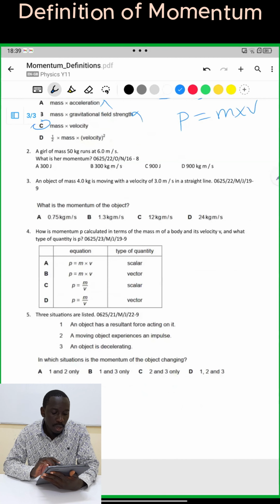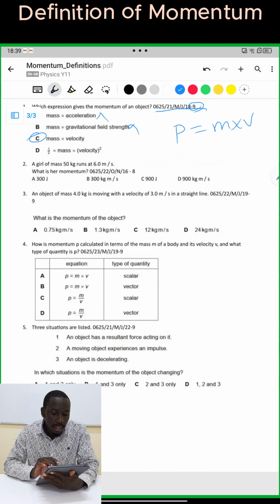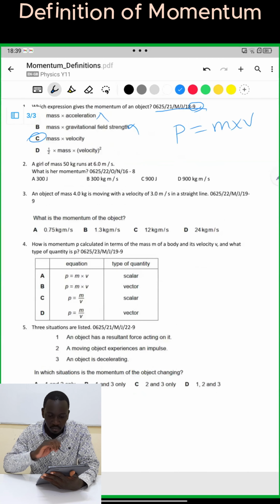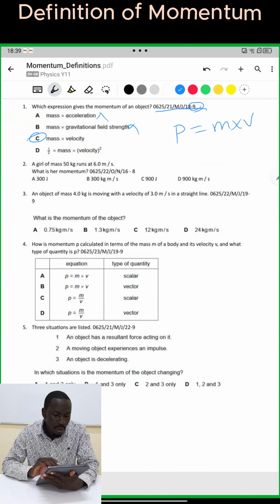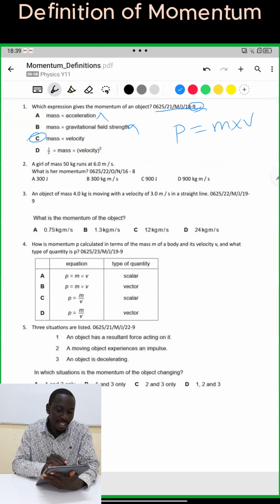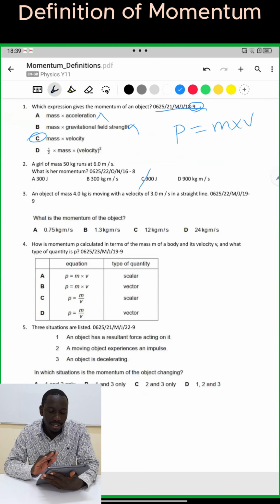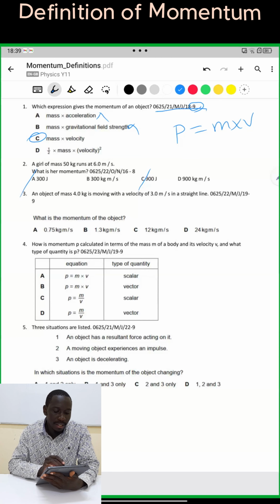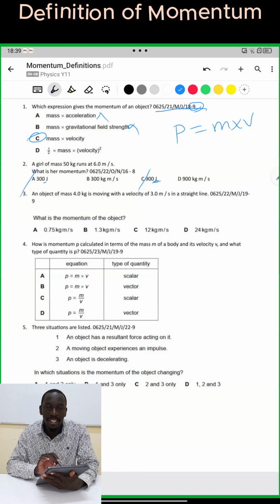Question number 2: a girl of mass 50 kg runs at 6.0 meters per second. What is her momentum? First of all, I will automatically remove C and A, because joules is the unit of energy, not momentum.